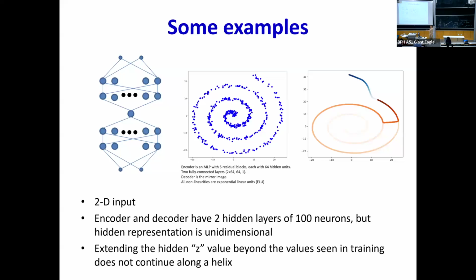There is nothing over here which says that the z values must be continuous, right? So you're expecting that if I have the z going from 0 to infinity, the output is going to keep going around the spiral. But that doesn't happen. All that happens is that the z is going to make sure that things lie on the spiral in the region where you have training data.